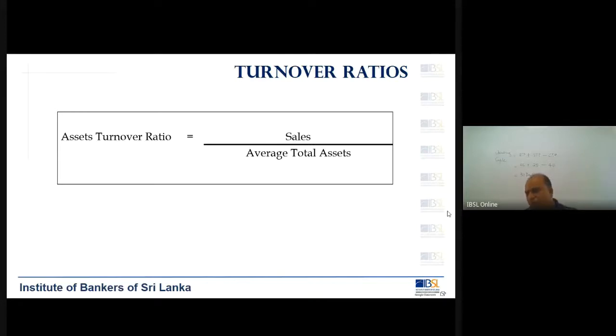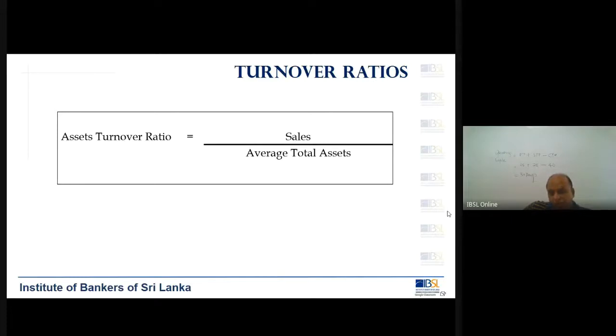Or you might have net interest margin. That is, you accept deposits and you pay interest. You give loans and you collect interest. So what is the difference between these two? The interest that you collect from your customer and the interest that you pay to your depositor. That is what is known as interest margin.